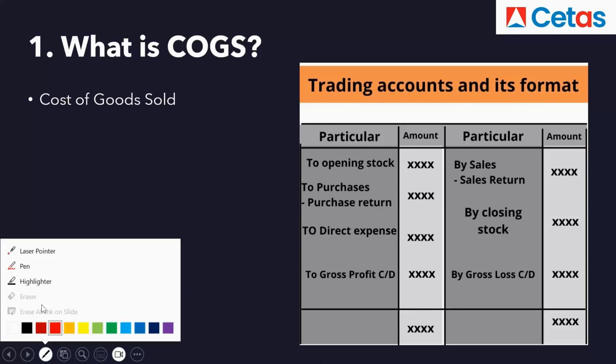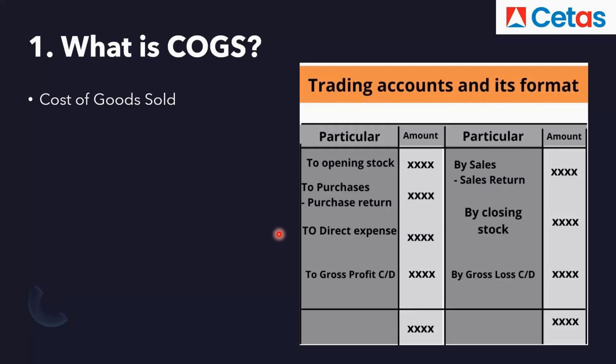On the right side, I have a format of a simple trading account that I had picked up online. On the left side of the account, we have the opening stock, net purchases, which is purchases minus purchase returns, and direct expenses. On the right side, we have the net sales, which is sales minus sales returns, and closing stock.